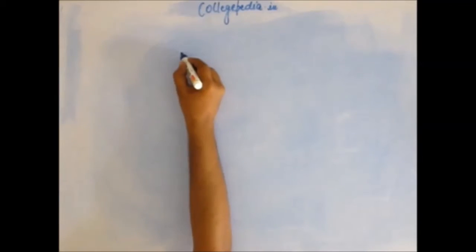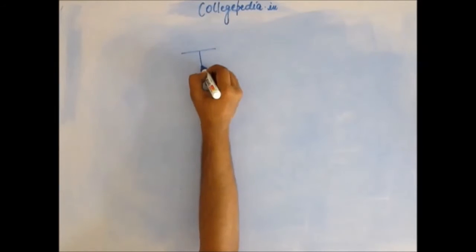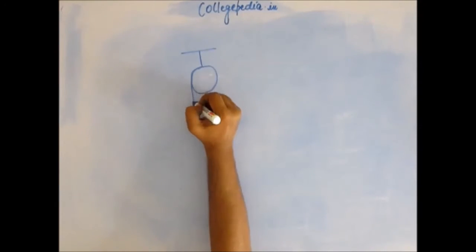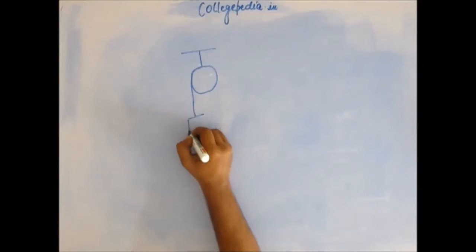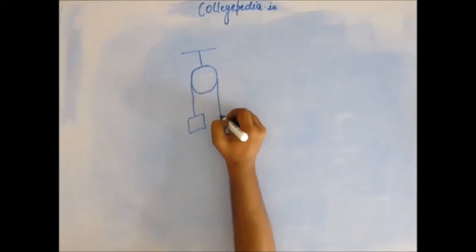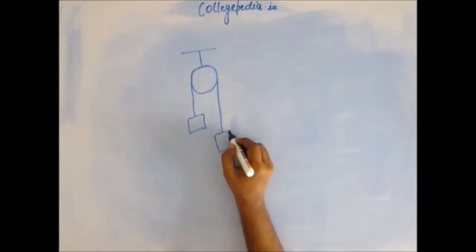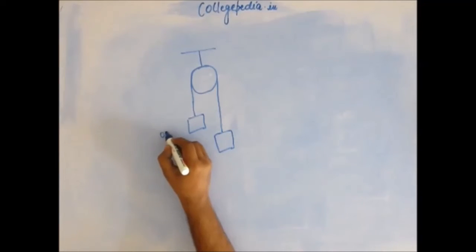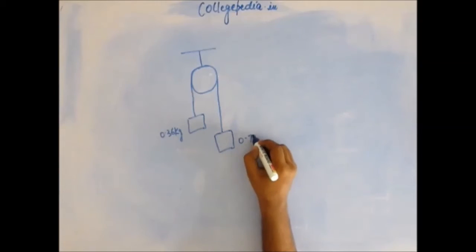Okay, so one last question. They asked it in 2009. This is a pulley mass system. The first mass is 0.36 kg and the other is 0.72 kg.